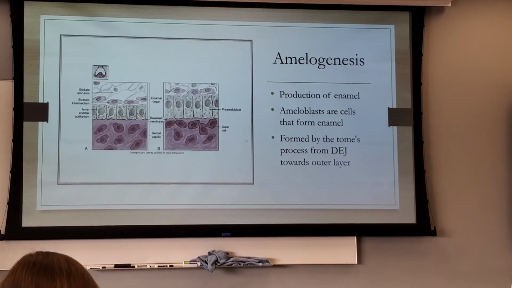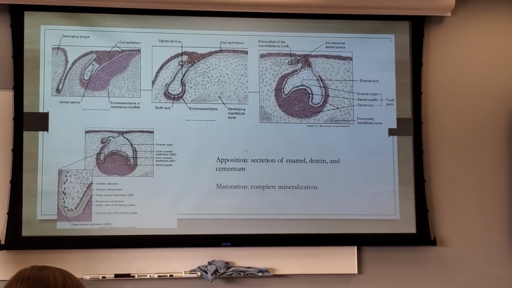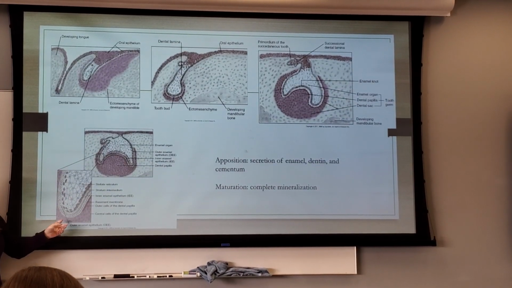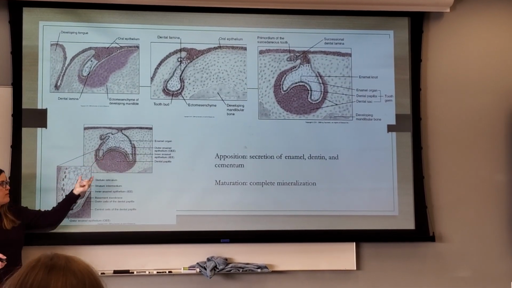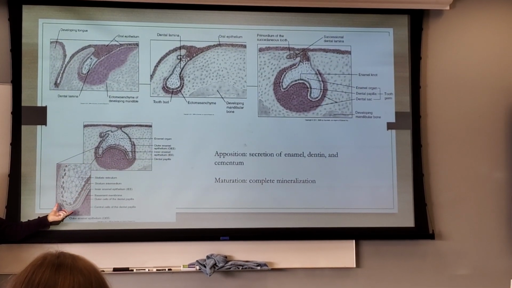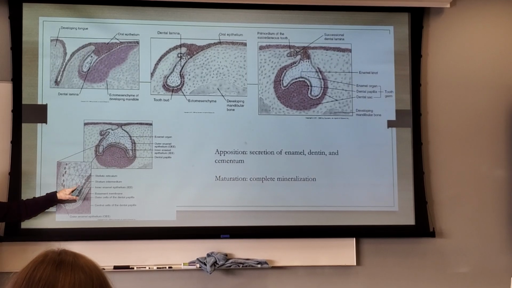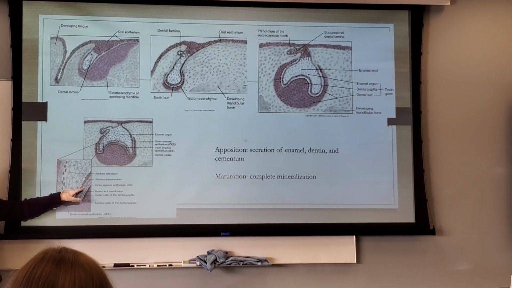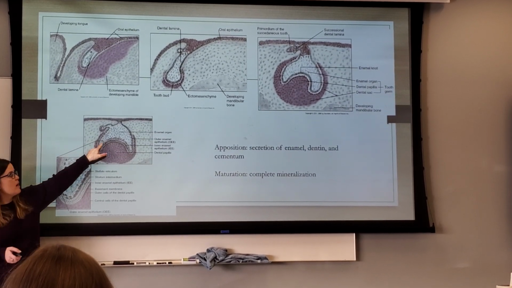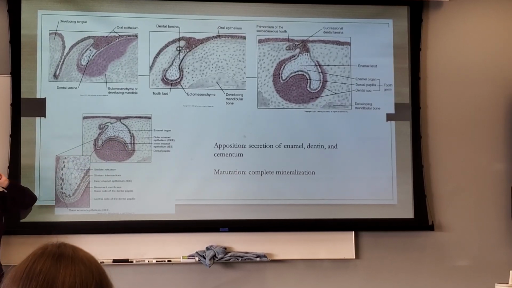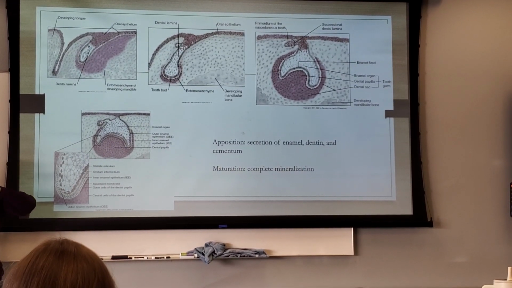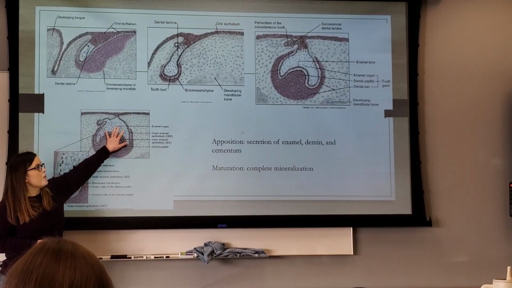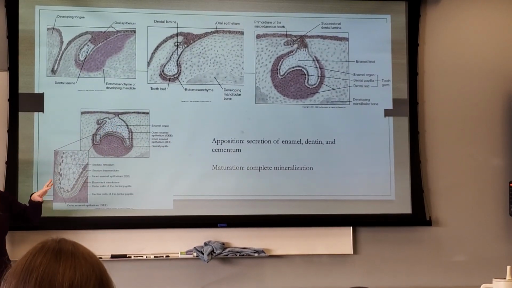So once we hit, let's step back to this picture here. So remember, this is just taking the little corner of the bell here. We have different cells that are based on the inner portion. So if you guys remember back to the tooth germ, right? We have the enamel organ, which is going to give rise to our enamel.